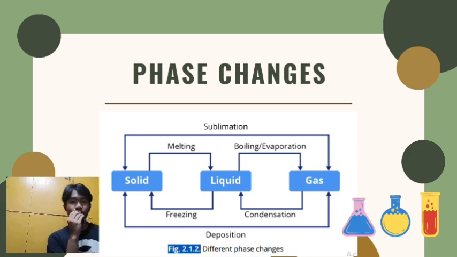And next, the boiling or evaporation process. When you apply heat to water, it will evaporate and turn into a gas. The next one is condensation. Condensation is the reverse process of evaporation, where the evaporated water will turn back into water once it becomes cold.